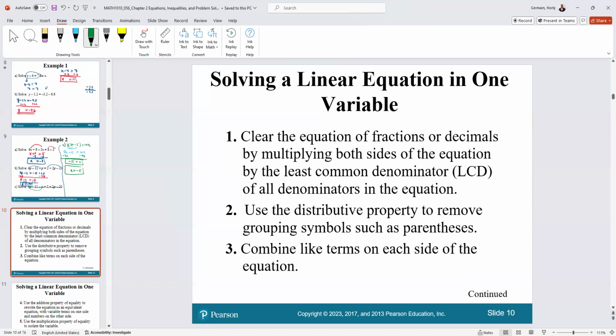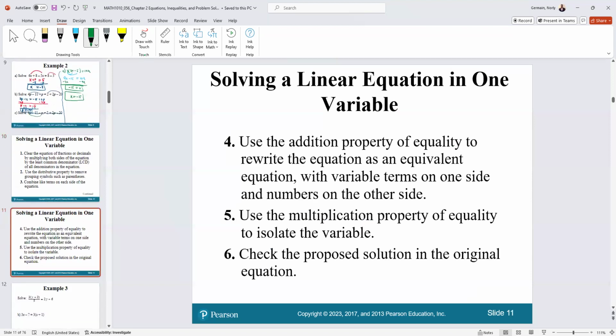We need to use the distributive property to remove grouping symbols such as parentheses or bracket. We also need to combine like terms on each side of the equations. We need to use the addition property of equality to rewrite the equation as an equivalent equation with variable terms on one side and numbers on the other side.